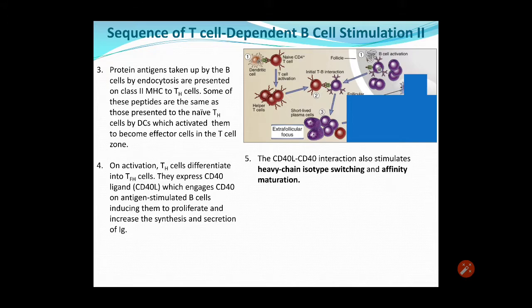But in addition, some of those T cells, which are effector cells, will differentiate even further into what are called follicular T helper cells. I talked about that in the previous subset thing. This is now where they appear.